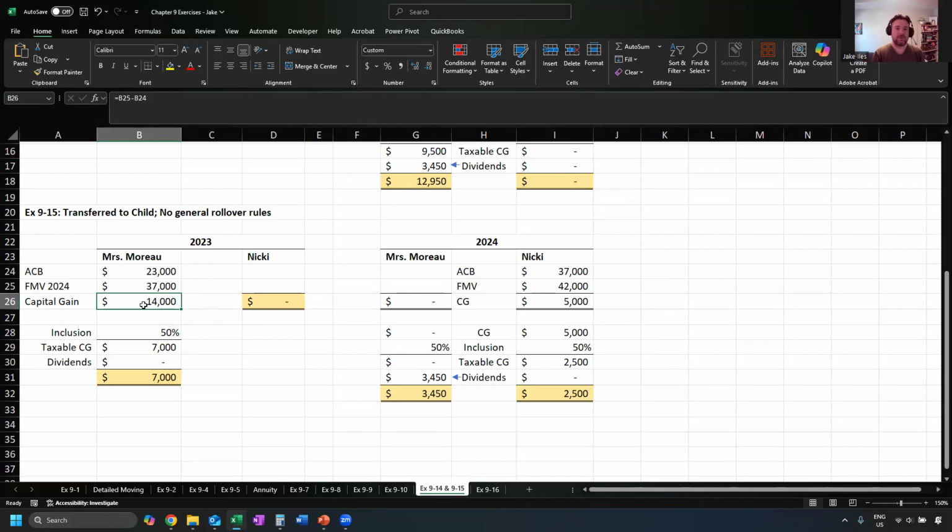Only the future capital gains will go through Nikki's hands. But they were given to Nikki for free. Nikki did not pay for these shares. So the income attribution, the 3450 of dividends, is still going to go back to Mrs. Moreau. So there's two income types we're always dealing with: the property income, the passive income, and the potential capital gains.